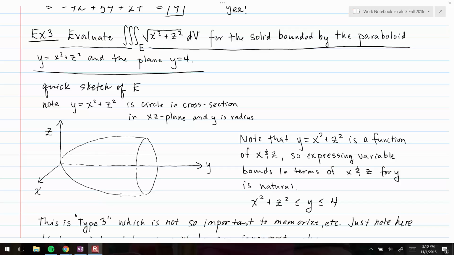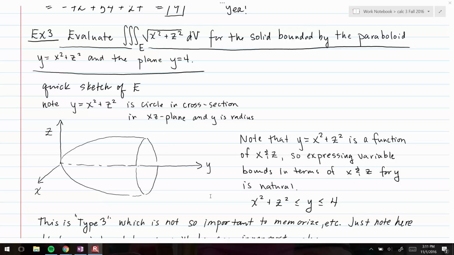And then we have a circle in the XZ plane. So you could plot a few XZ pairs to kind of see what's going on, or think of the cross section there, and this is what this thing looks like in 3D. And then also note that y equals 4, that plane is cutting it off on the top.